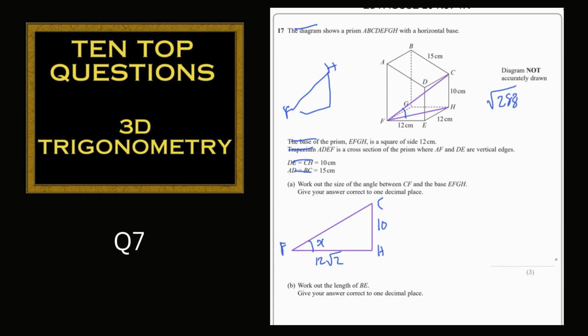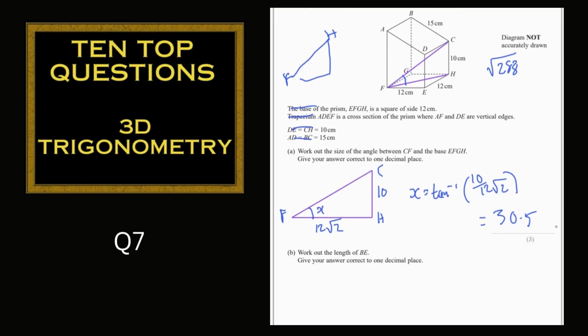And there we go. From your angle, you've got your opposite, you've got your adjacent. It's yet another TOA question. So it's the inverse tan of the opposite divided by the adjacent. And one decimal place, calc says 30.508, 30.5.